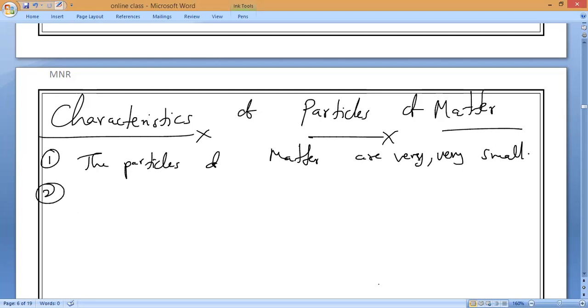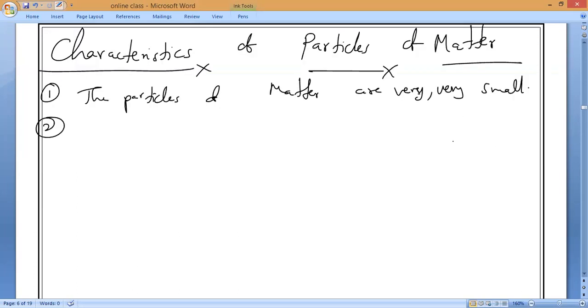Next, second one. Anybody? Particles of matter have what? You can see the first experiment: potassium permanganate dissolved in water. How will it dissolve in water? Because particles have spaces between them. Yes or no? That is why potassium permanganate is mixing. Of course, solids do not have spaces, but liquids and gases, they have spaces.